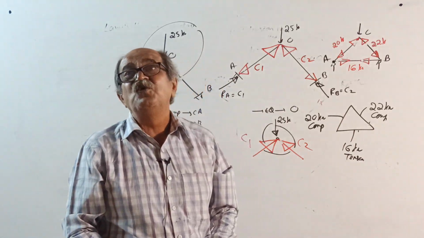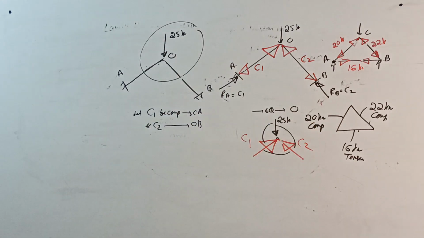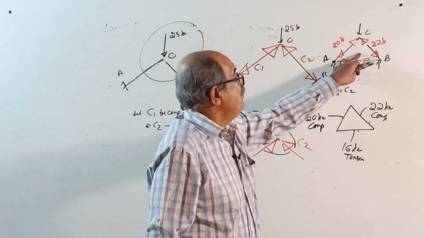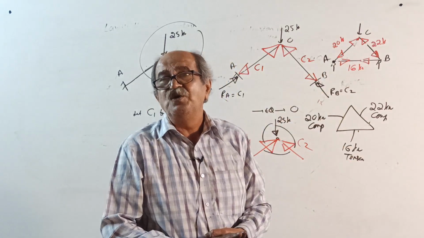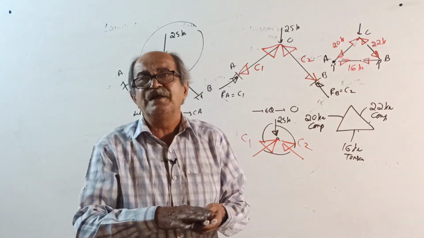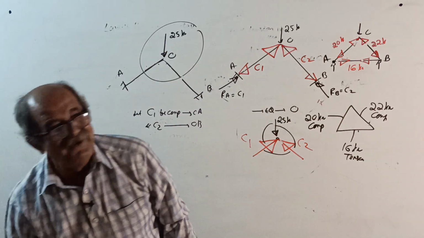Sir, somebody told me a crude method. What is that one? Sometime I will also tell. It is for people who find difficulty. Suppose you want to decide compression or tension, what to do is very, very crude. See both the arrow marks.